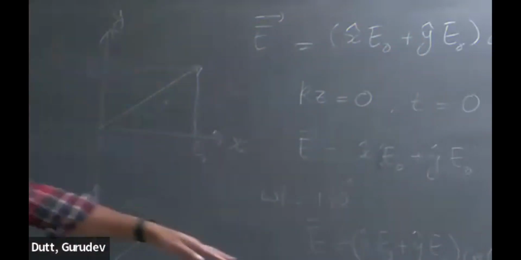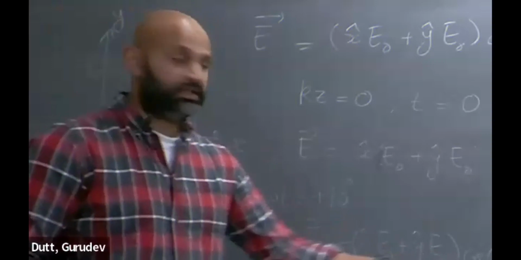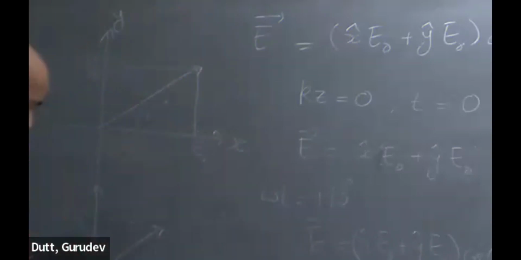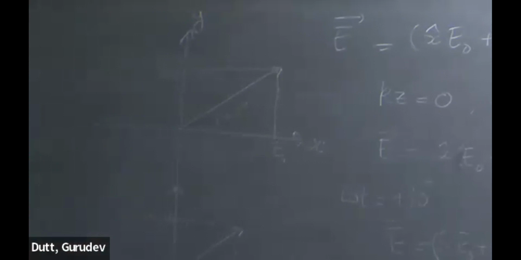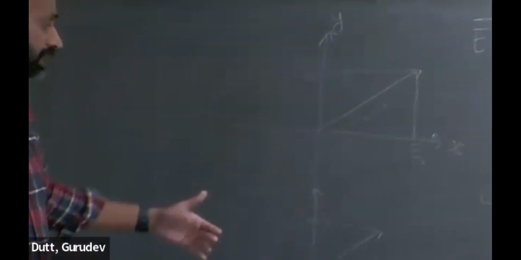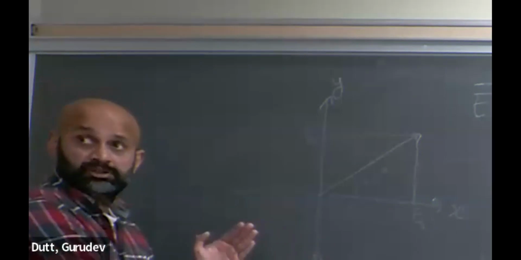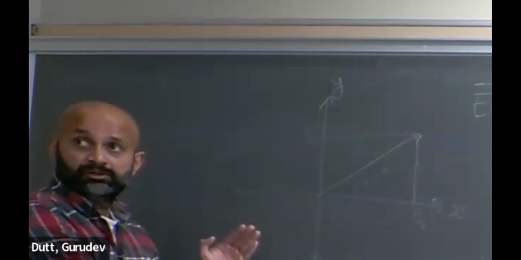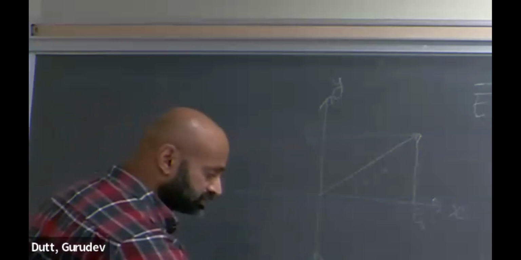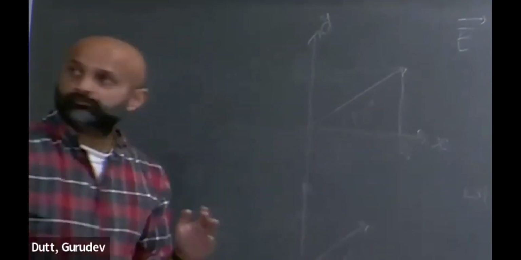So that's what I would do. So now each of these components is E naught cosine 10 degrees, E naught cosine 10 degrees. So as we can see, because cosine 10 is slightly less than 1, this will be slightly smaller in value, but you can see the relative relationship between the x and the y components remains the same. They're exactly equal to each other. So this is still 45 degrees.